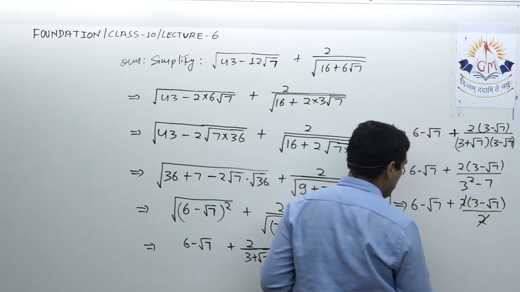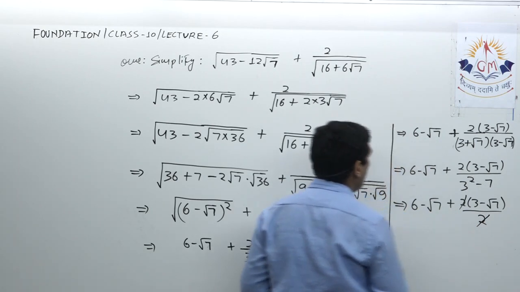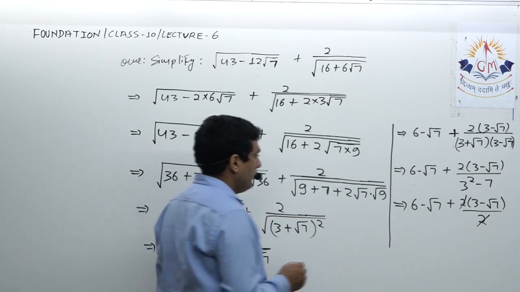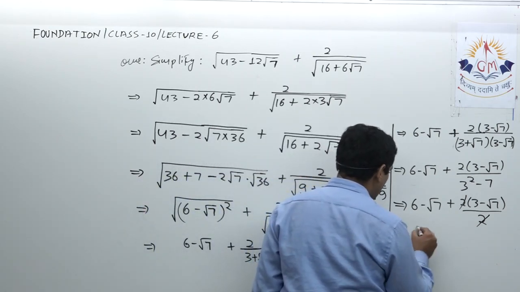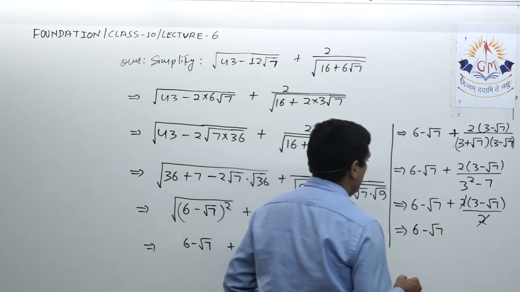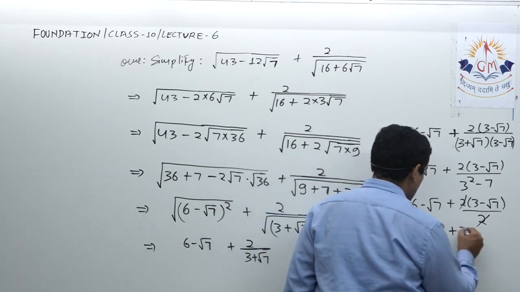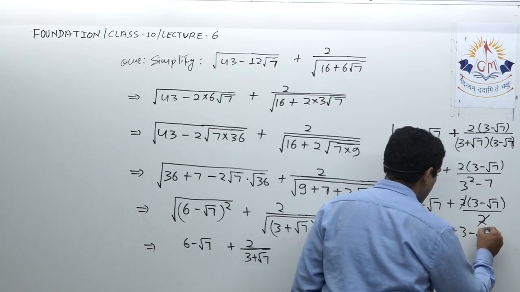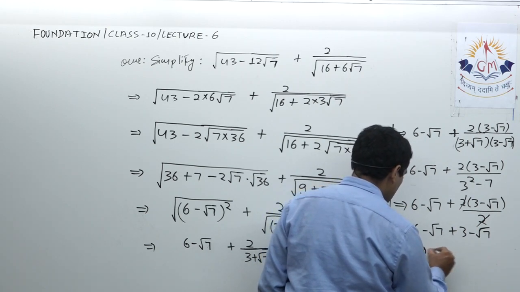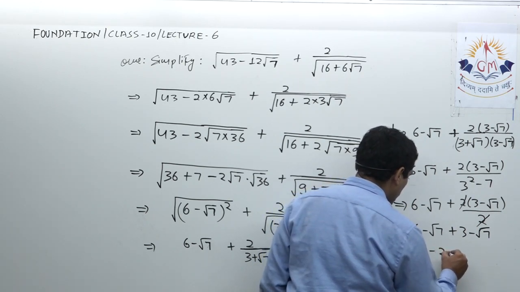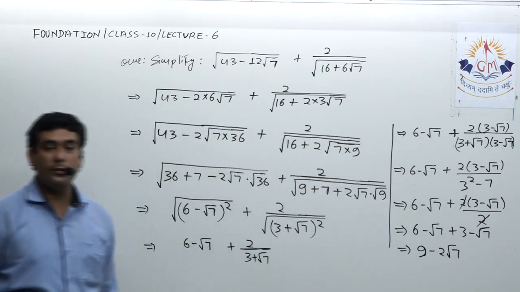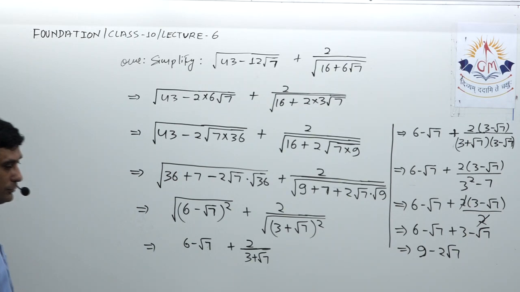The 2 will be cancelled out. So my final answer is 6 minus root 7 plus 3 minus root 7. So the final answer will be 9 minus 2 root 7. So this is my final answer. Please note it down, then we'll see the next question.